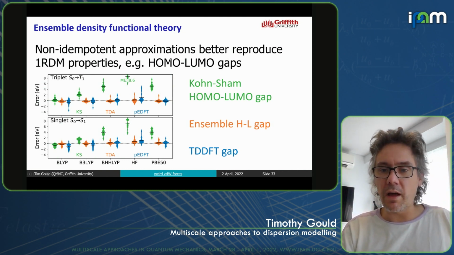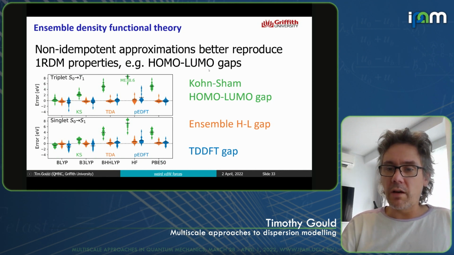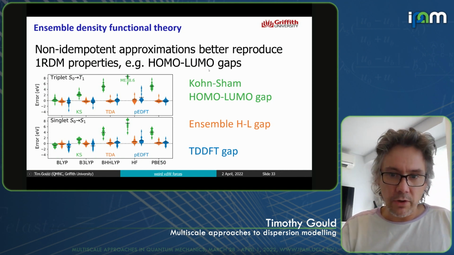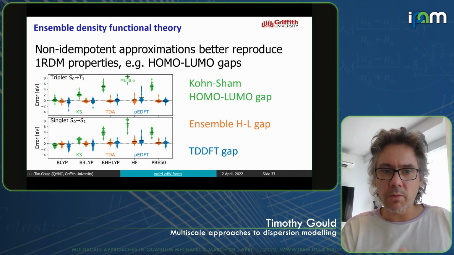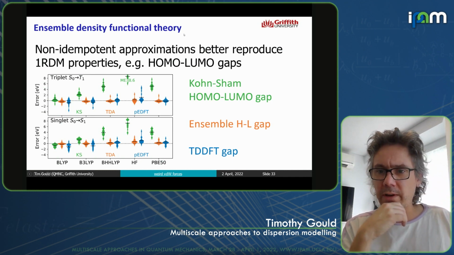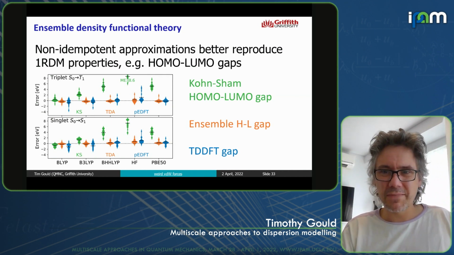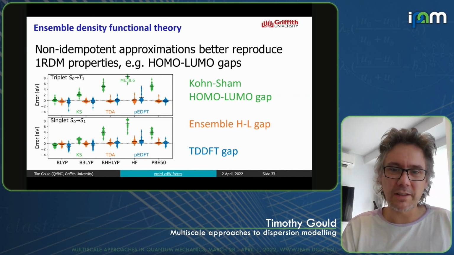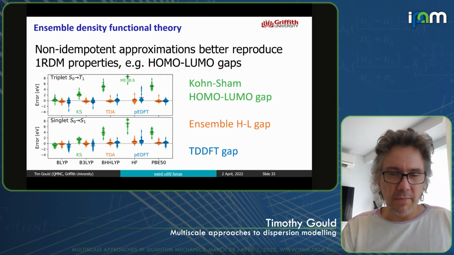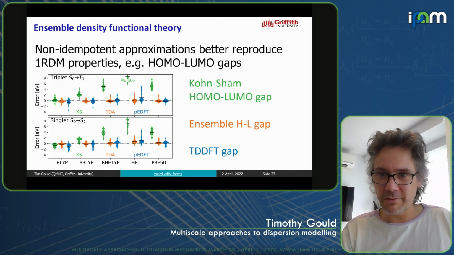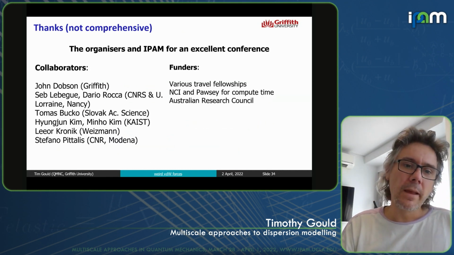For example, on the topic of things obeying or not obeying the Aufbau principle, as soon as you have a non-idempotent 1-RDM, even the question of what the Aufbau principle actually means starts to become a curiosity. So I don't think breaking Aufbau there has any problems at all. It's a jolly good idea.